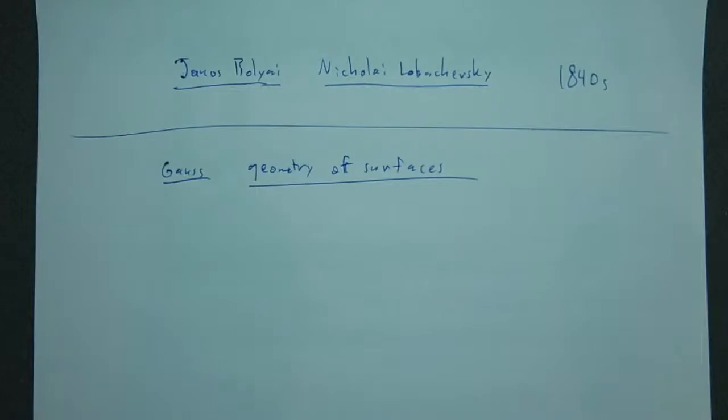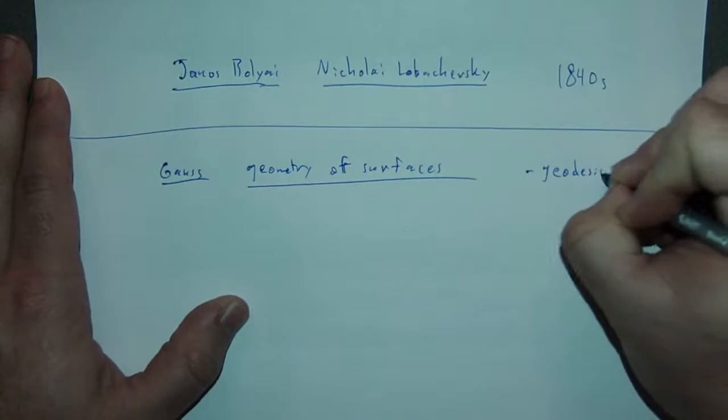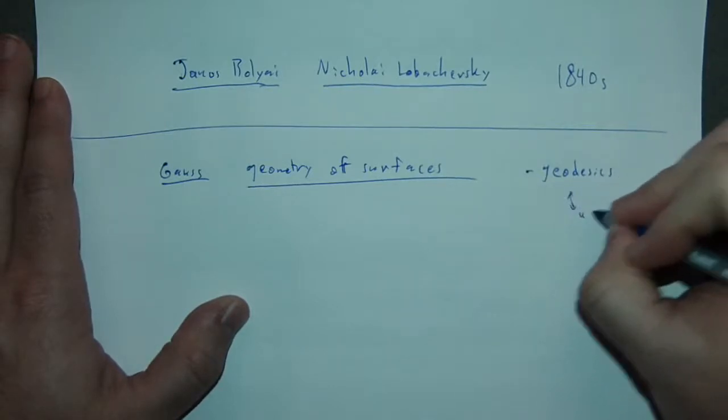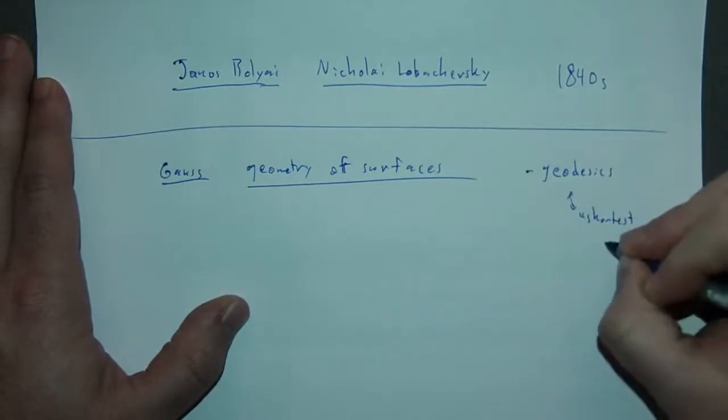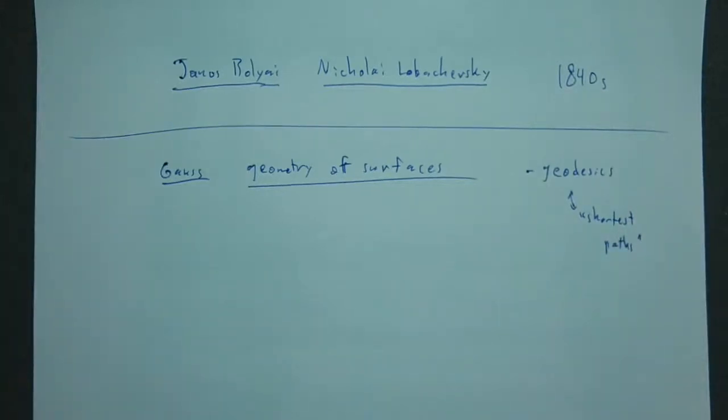Because on surfaces, as we've seen with spherical geometry, when you start to talk about things like a shortest path between 2 points, what you end up with are things that are not Euclidean lines, but they behave like them geometrically. So this leads you to the idea of geodesics. Geodesics are the shortest paths in whatever surface you're dealing with.